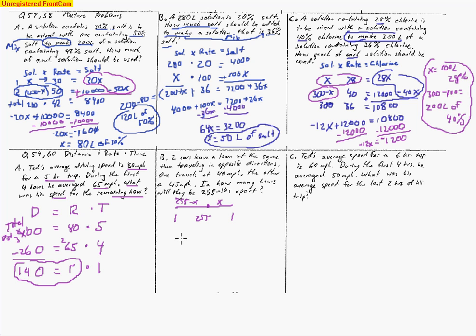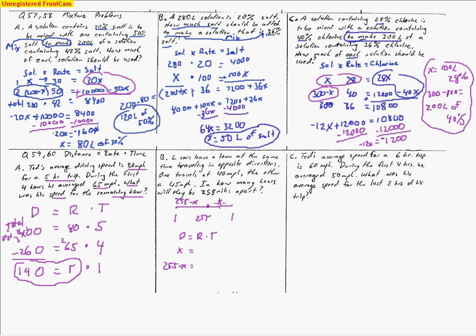And so we go ahead and set it up. Remember, distance equals rate times time. So for the distance, one of them is X, and the other one is going to be 255 minus X. We're going to use those amounts there. Now the rates. What are the rates?